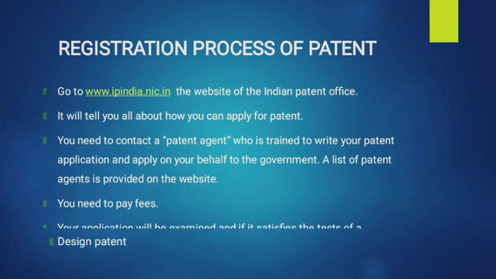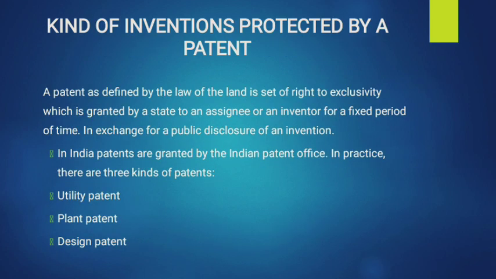Now let's discuss kinds of inventions protected by a patent. A patent, as defined by the law of the land, is a set of rights to exclusivity which is granted by a state to an assignee or an inventor for a fixed period of time in exchange for a public disclosure of an invention.